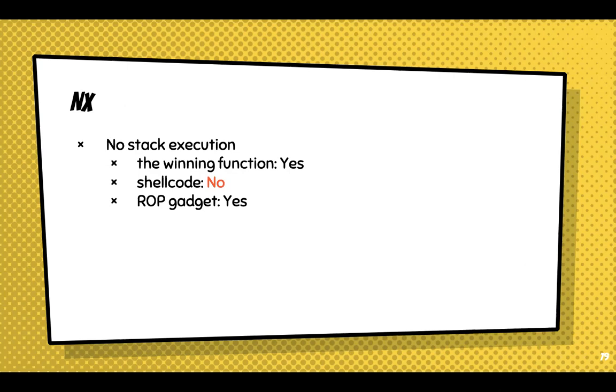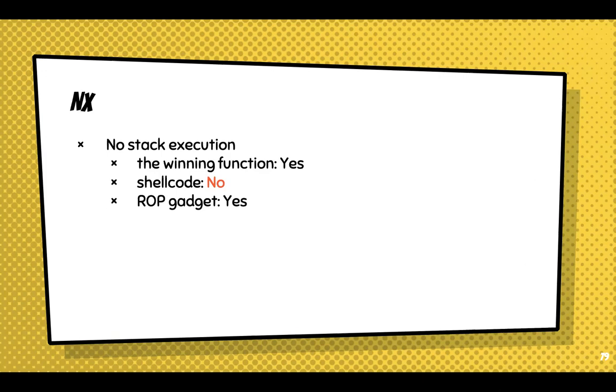Okay, and then the next is NX, non-executable stack. Because of that, we will not be able to execute the stack anymore. If we look at the malicious instructions that we can use, we will realize that we can still use a winning function, because the winning function is not on the stack, but we can no longer use shellcode if we put it on the stack.